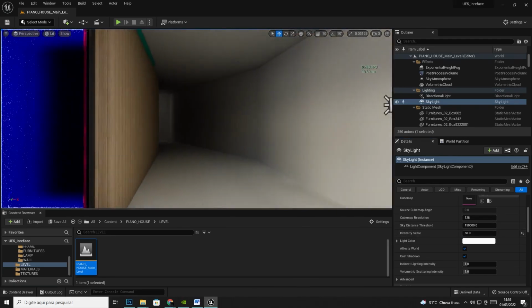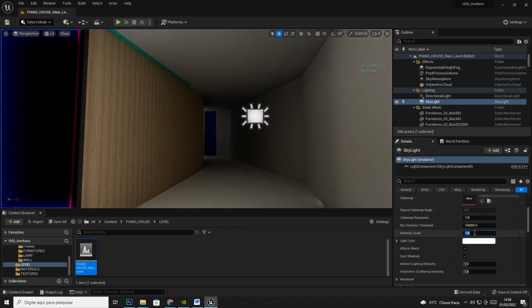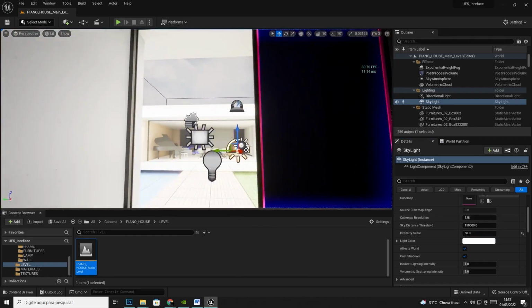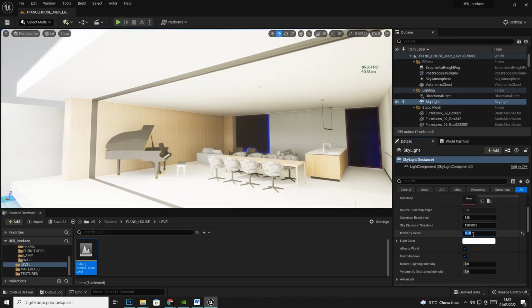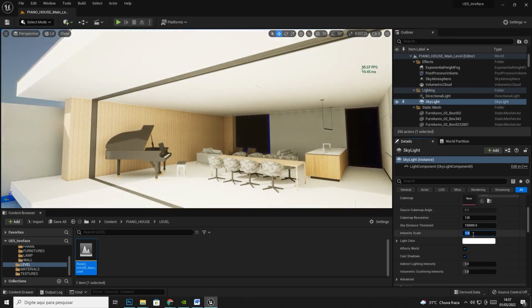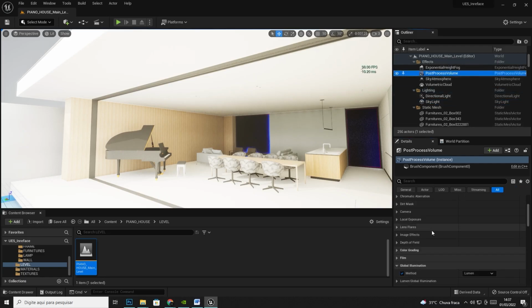Okay. 1, 20, 50. 1, 50. It has increased the amount of direct light.